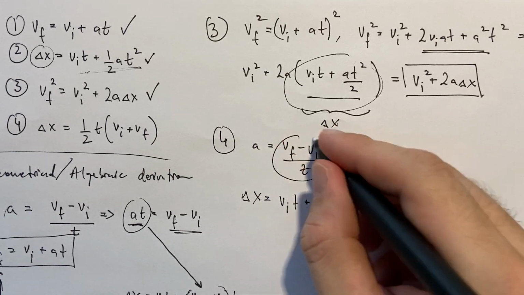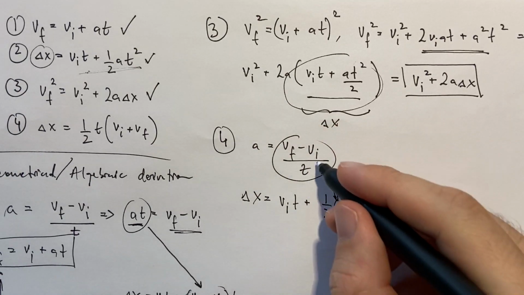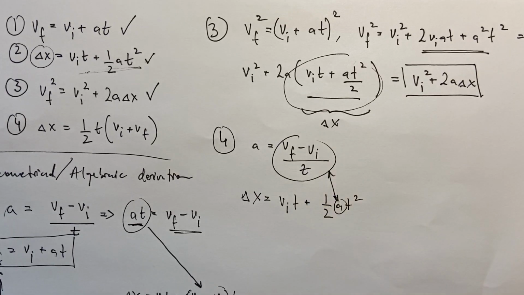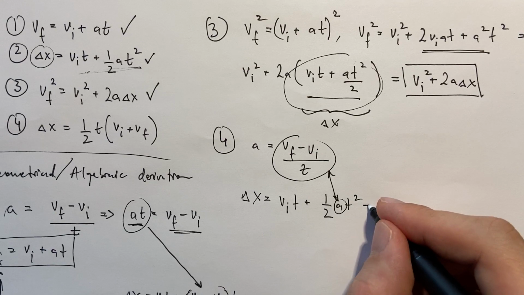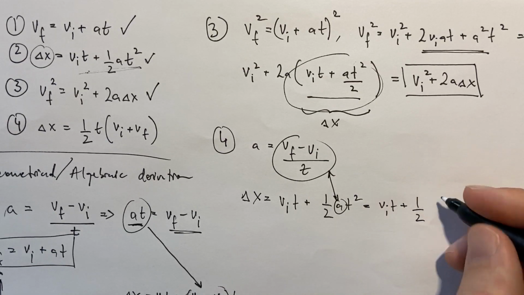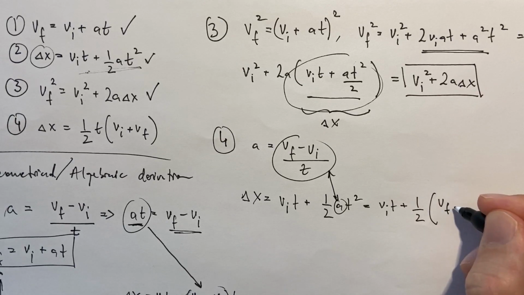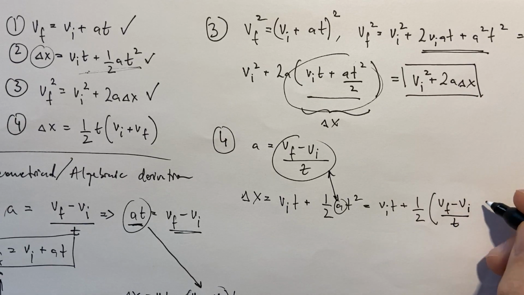Now let's go ahead and replace this expression with this expression here. What we'll get is vit plus half, vf minus vi divided by t, squared.